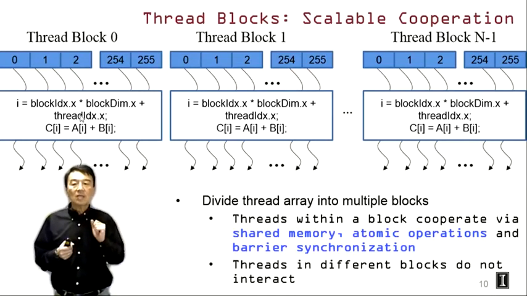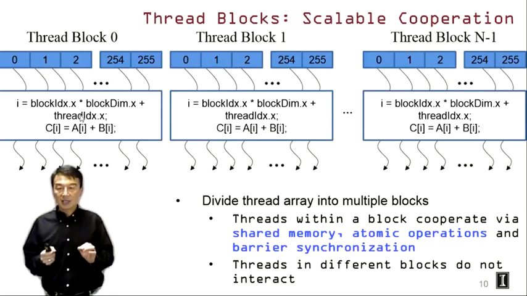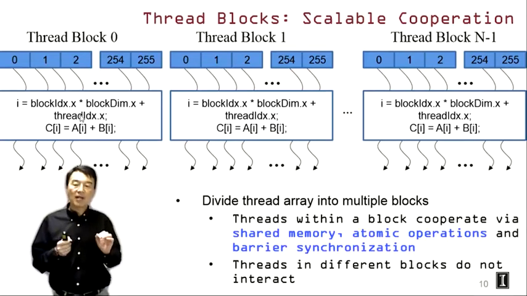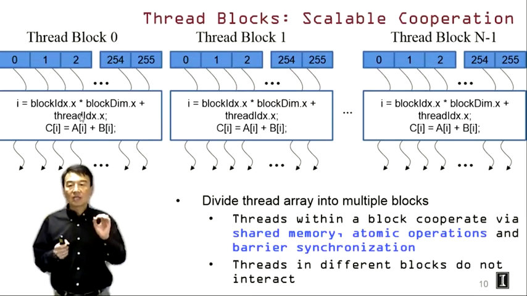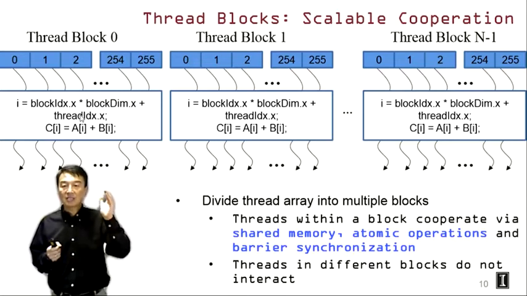Now, when we form the data index, we need to factor in both the thread index and the block index. To calculate i, we take the block index and multiply it by the block dimension, in this case 256, and then add the thread index. So thread 0 in block 0 still has i value 0, because the block index value is 0.